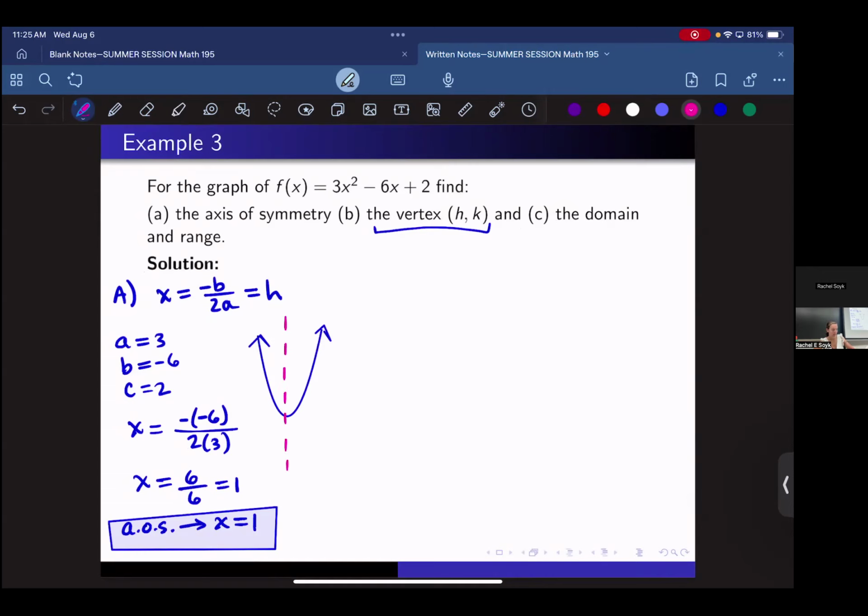Which is why if you plug it into the original function, you'll end up getting that y coordinate, your k value of your vertex. What we have in pink here is your axis of symmetry.